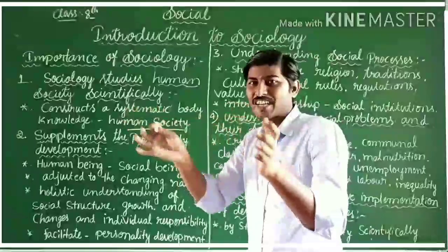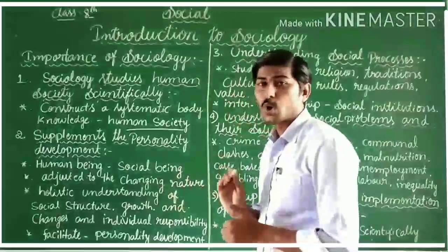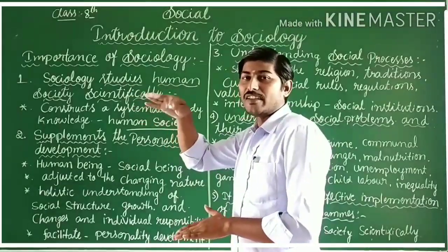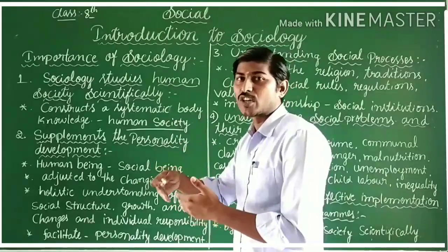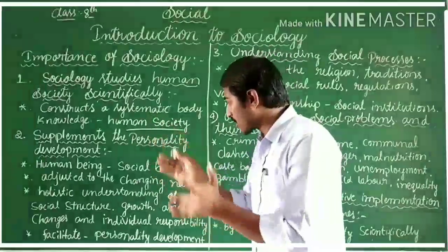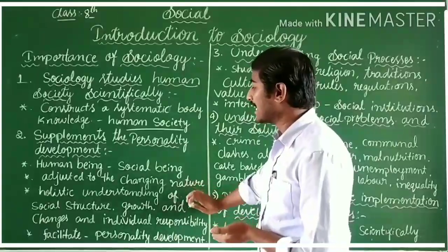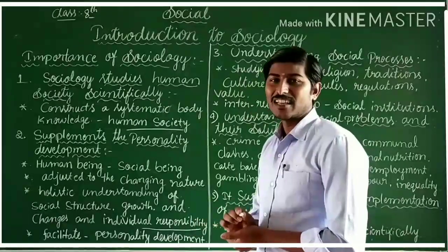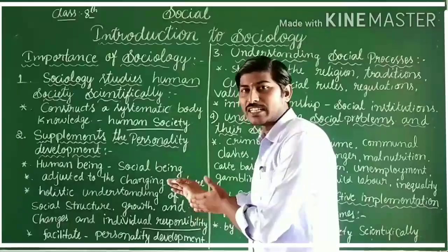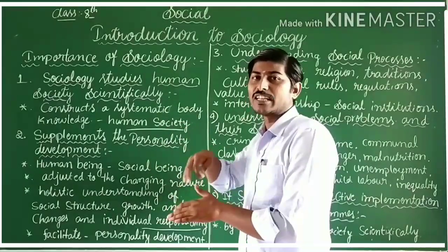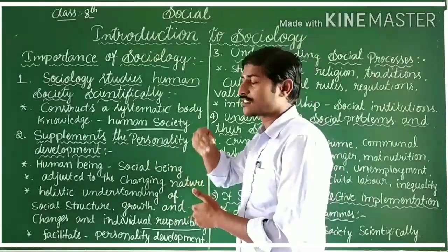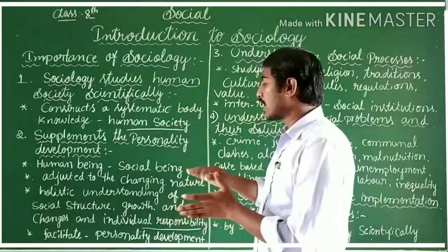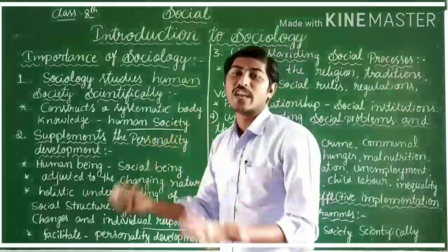The social structure can change, and the society also grows year by year. So we can adjust to the growth of the society and its structure, and this changes individual responsibility. When our society grows and its social structures change, our individual responsibilities also change.